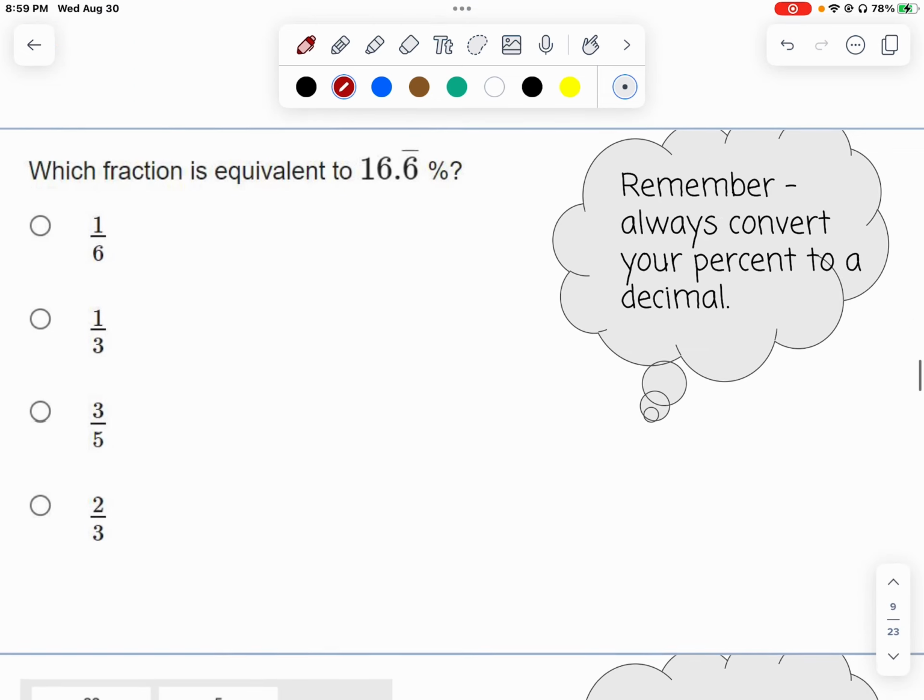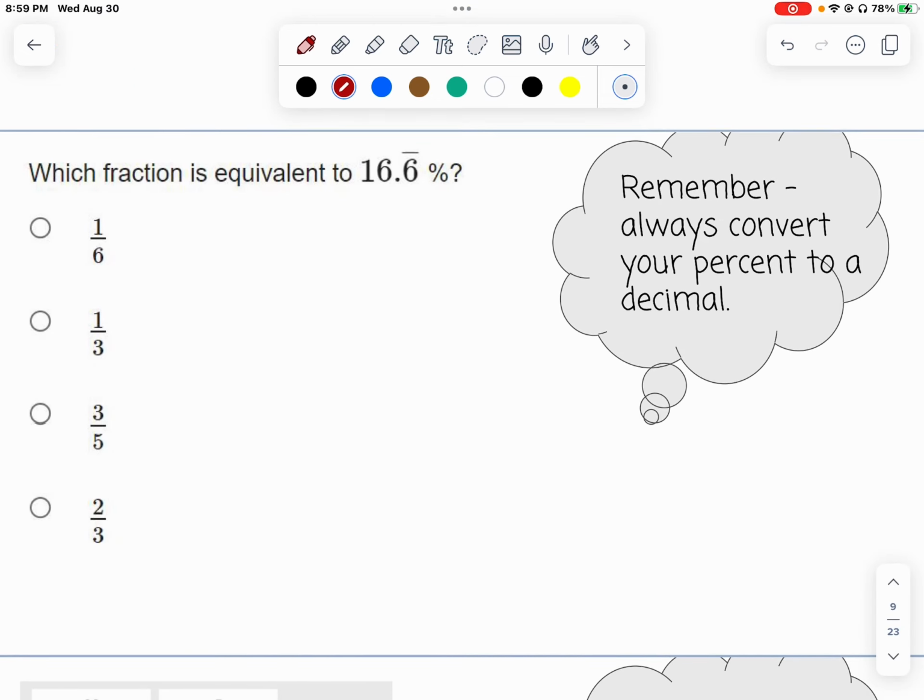All right. I've given you a hint. Pause it and see if you find the right answer. Did you remember to change 16.6 to a decimal? And that told you that this was the answer?